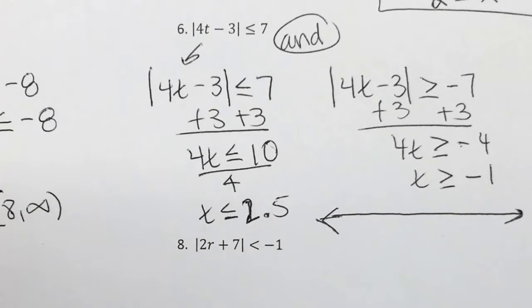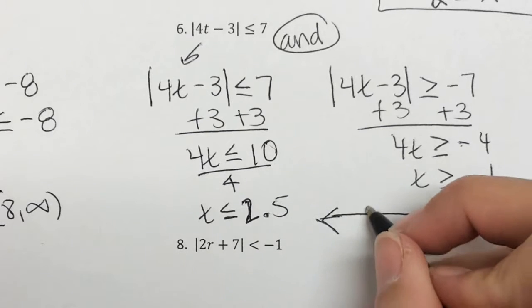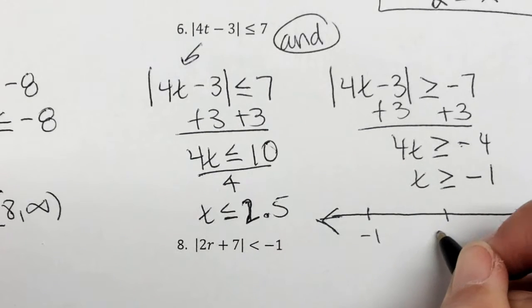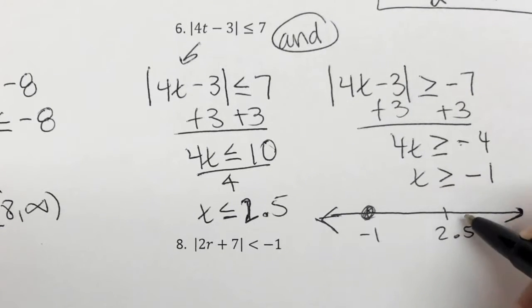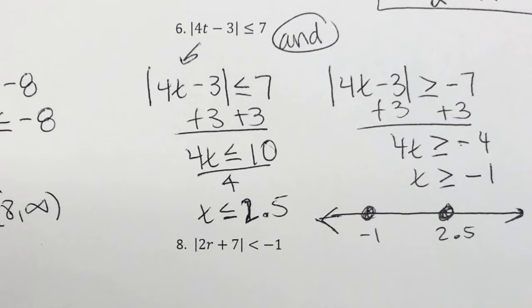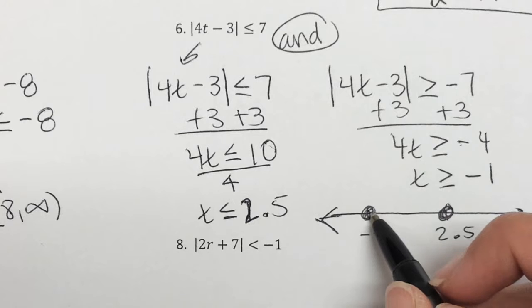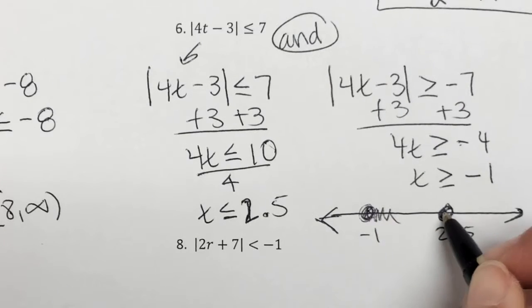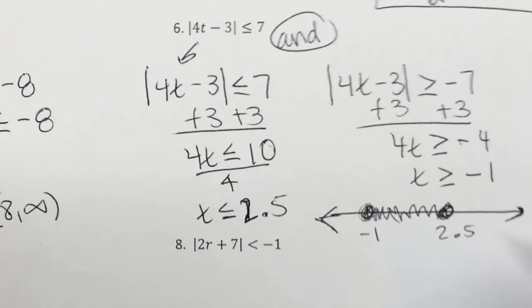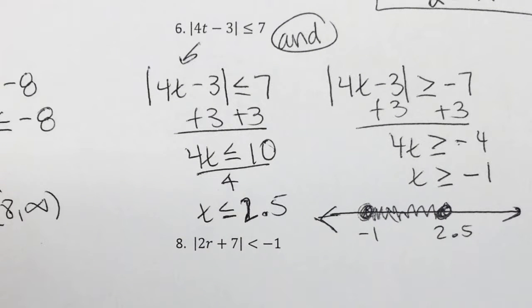Alrighty. So now what comes first on my number line? Negative 1. Open or closed on both? Closed. And looking at negative 1 first, left or right? Right. And this one? Left. Good. And it looks like an and statement because it should be.